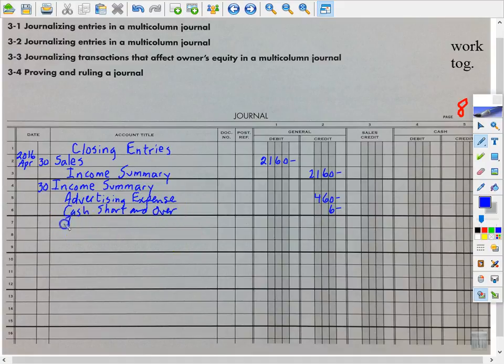Insurance expense is $125. Miscellaneous expense, and that is $189.